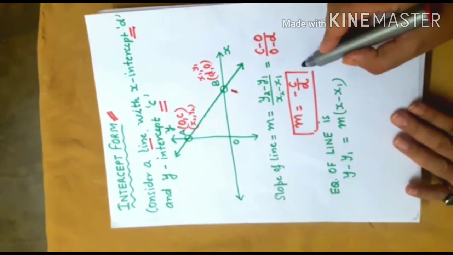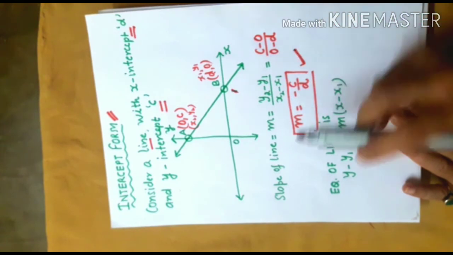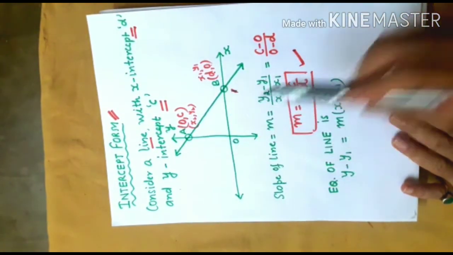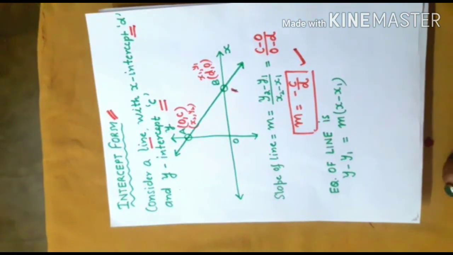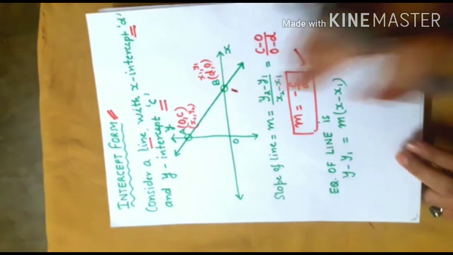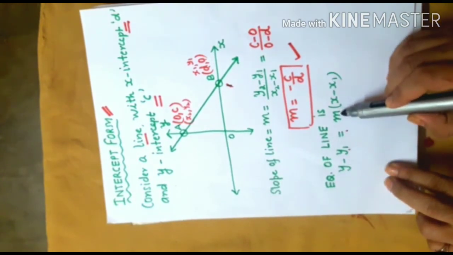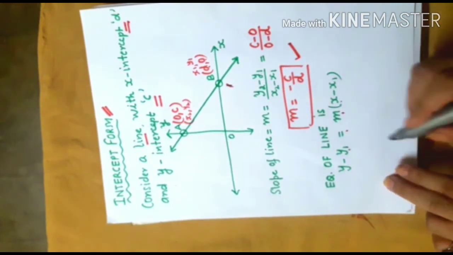Now using any of these points I'll write the equation of the line. I'm using this point, so y minus y1 is equal to m into x minus x1.